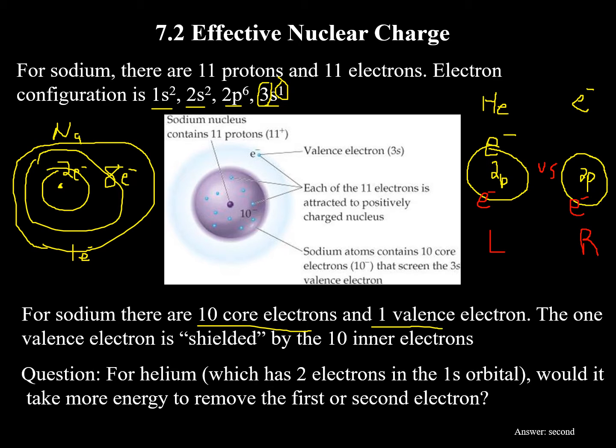There's some repulsion there between the two electrons. So those are the 2 effects that show that the electron here on the right takes more energy to remove than the yellow one on the left. So the answer is the second one.